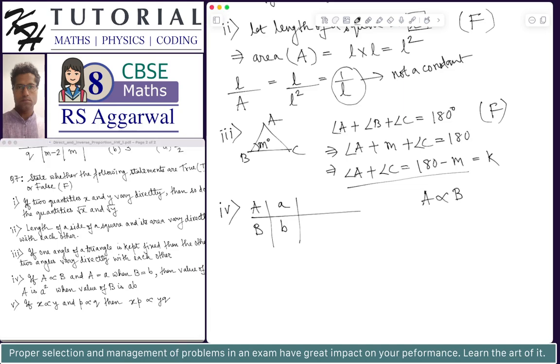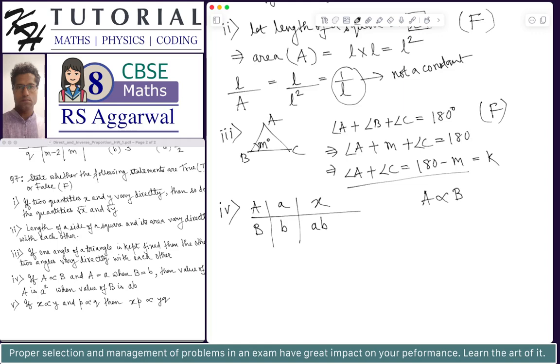Let's try to find out what will be the value of the quantity capital A when the value of quantity capital B is ab. So let's say we have ab here, and we have to find this value. What will be this value? Let's say this value is x.